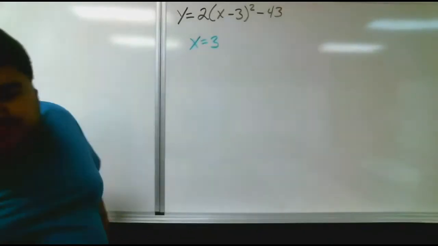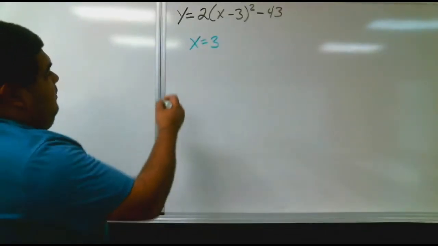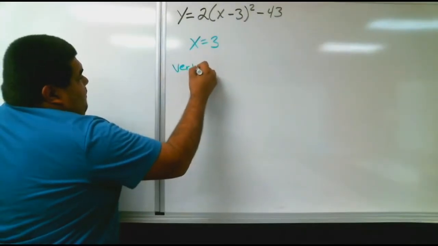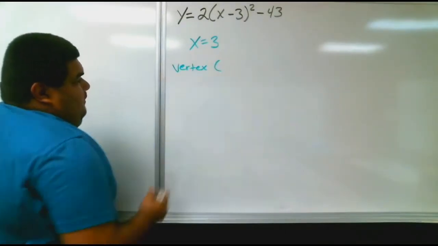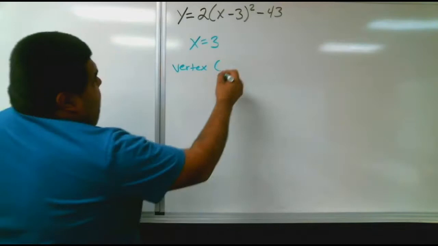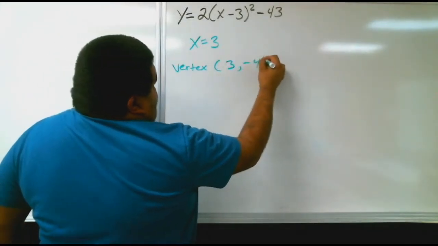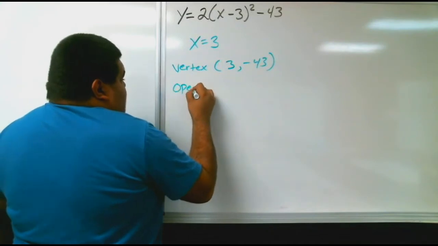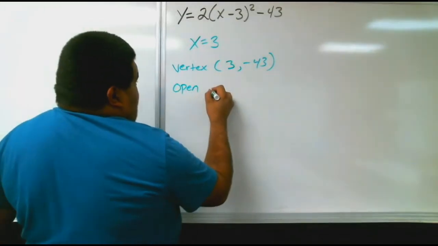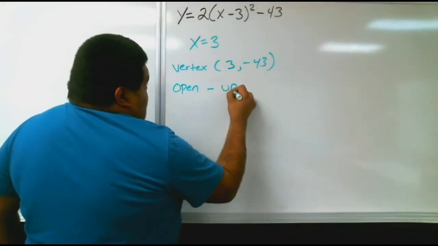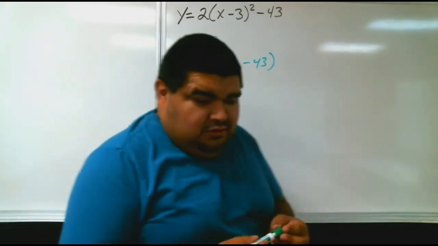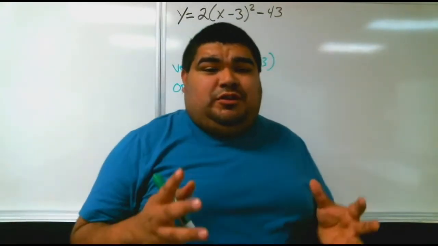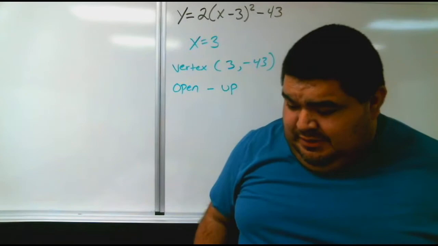Our vertex was 3, negative 43. And finally, the way it was going to open, it was going to open up. So today we're actually going to see how it looks when we graph it.